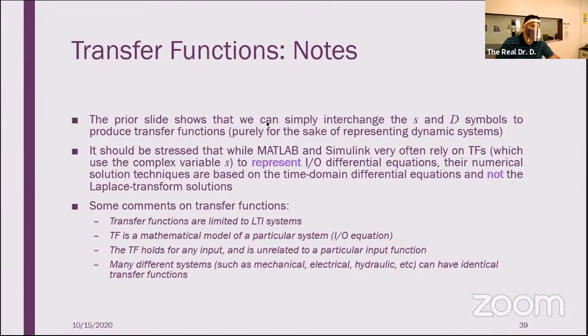On the back end, MATLAB is using a differential equation solver. It is not doing the inverse Laplace transform like we were going to do by hand. So I guess our bottom line is MATLAB is better than us because it actually does differential equations, whereas we are just going to use algebra and get to the same solution. Six of one, half a dozen of the other.